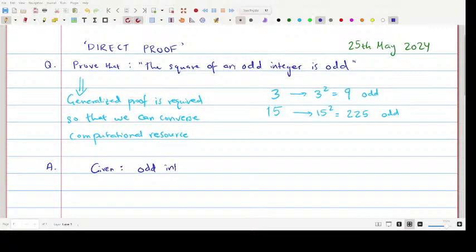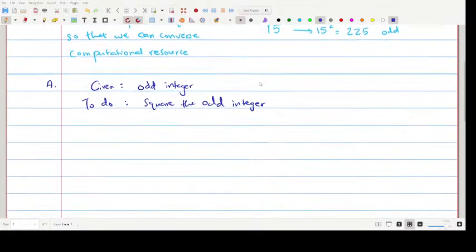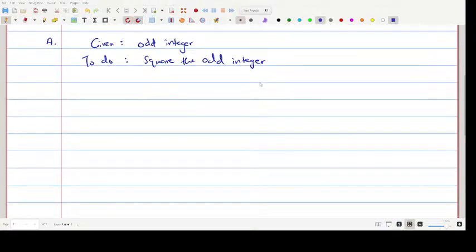What we have to do is square the odd integer, and we need to basically show that the square of this odd integer is also an odd integer. Okay, cool.